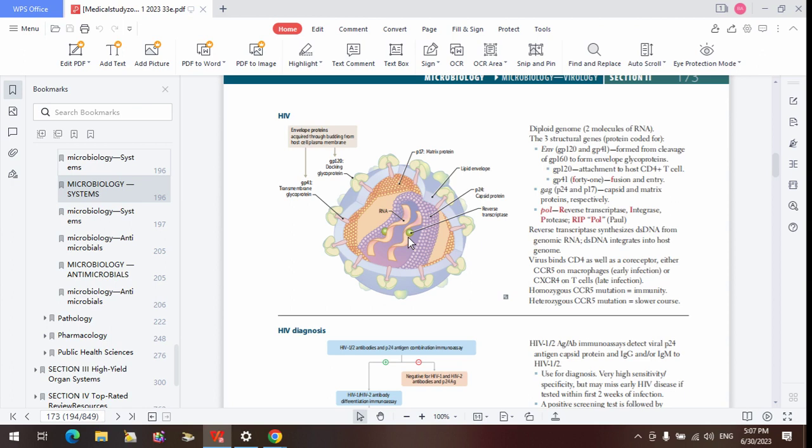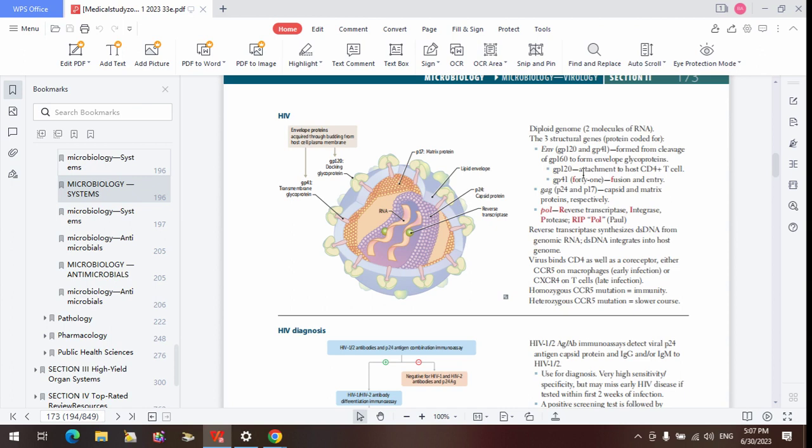Part of the viral protein that we are going to synthesize is GP160. That GP160 will now be split into GP120 and GP41. Those GP120 and GP41 will now be incorporated into the host membrane. Please, I'm not saying the membrane of the virus.